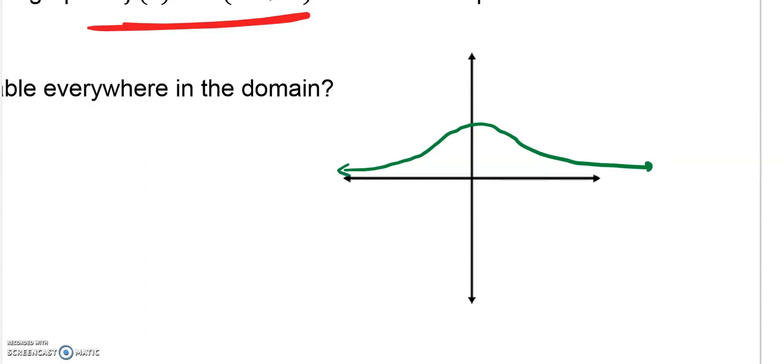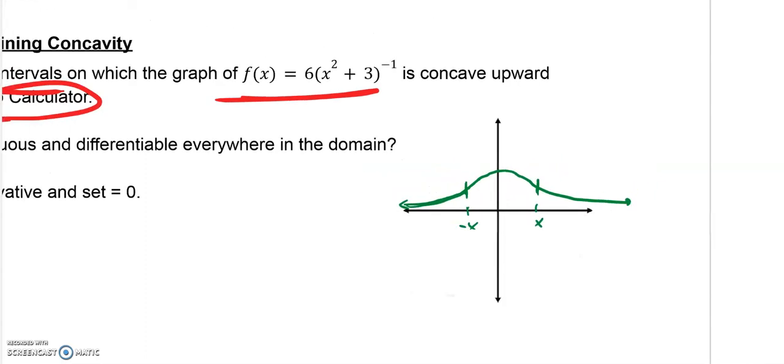It does change concavity in there twice. So somewhere in here, it goes from concave up to concave down, so increasing slopes to decreasing slopes, and then decreasing slopes to increasing slopes somewhere in there. And we don't know what these values are.